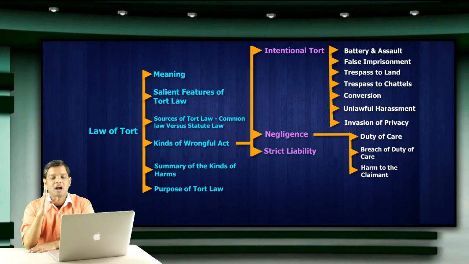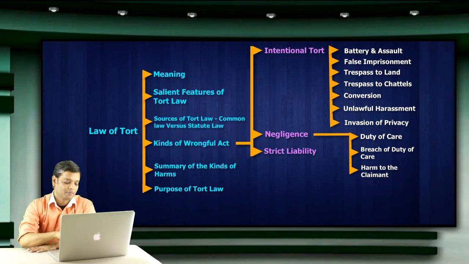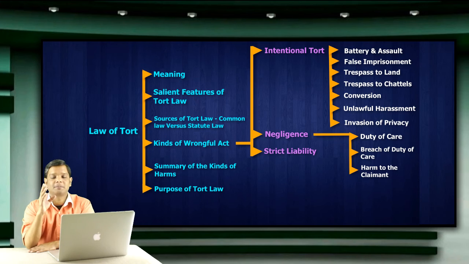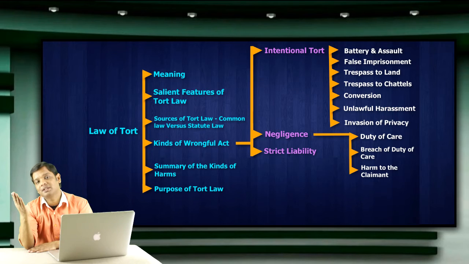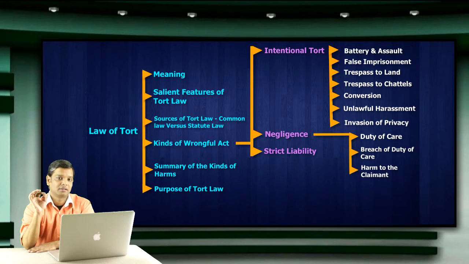Now, again we go one step further. As we have seen, under kinds of wrongful act we have three headings: intentional tort, negligence and strict liability. If we go one step ahead, intentional tort is further categorized into 7 types, starting with battery and assault.